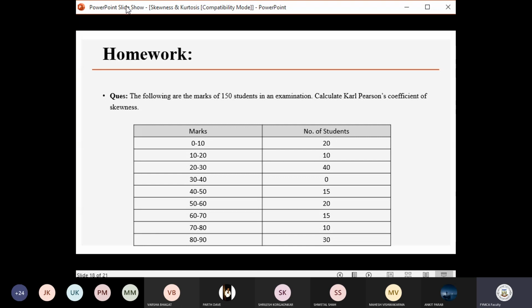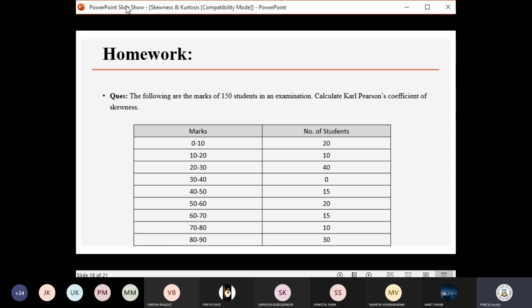You can take this question and try to find out the Karl-Pearson's coefficient for this. If you want to write it down, or you can take a screenshot, and after that you can solve this particular question. So how are you going to find out the Karl-Pearson coefficient?